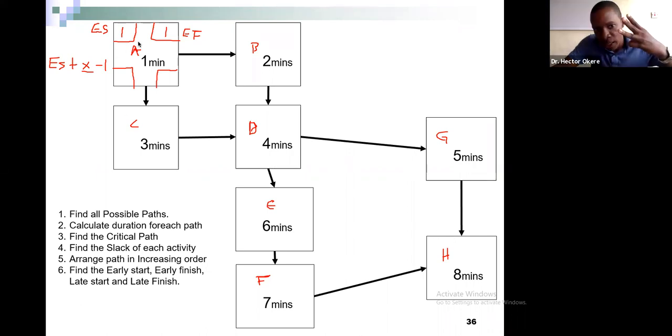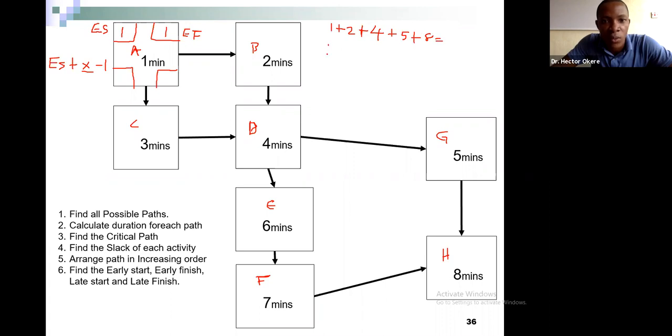We can also go from A to C to D to E to F to H, path 4. So we have 1 plus 2 plus 4 plus 5 plus 8, that is our first path.